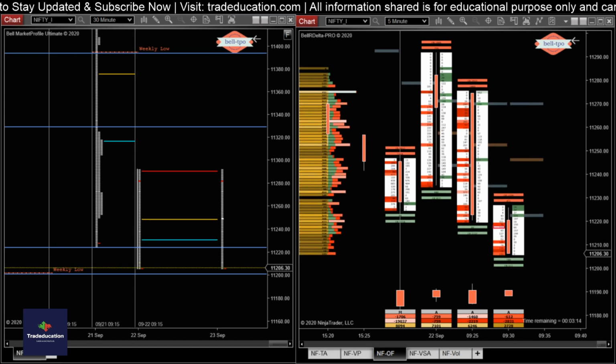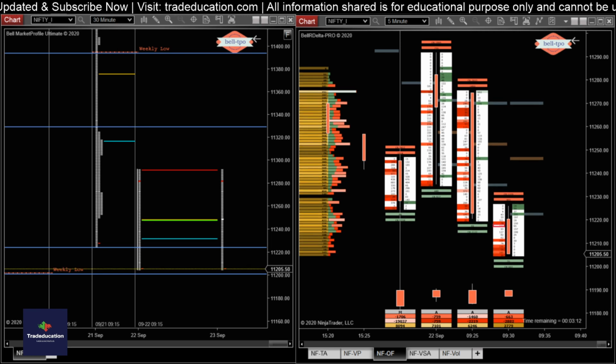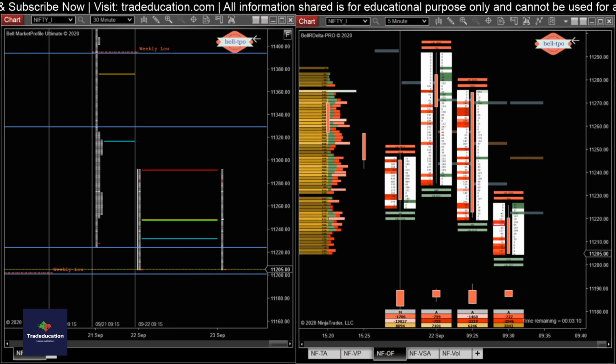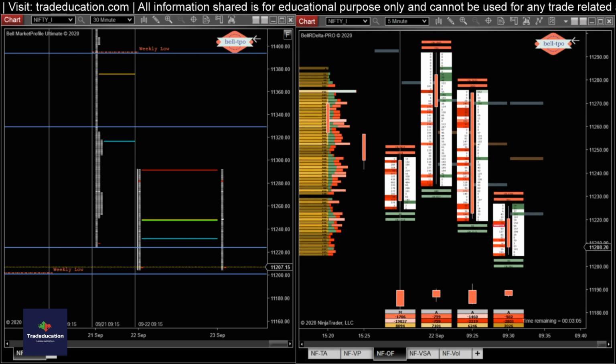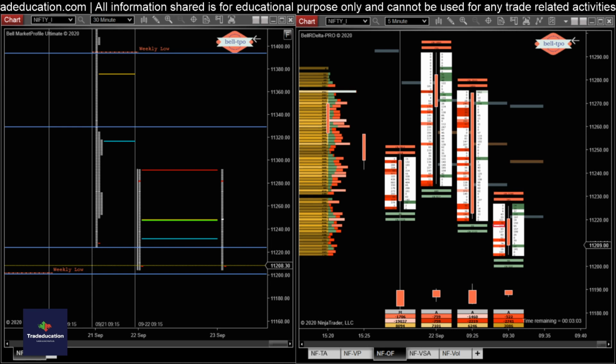So I'm just looking at the auction, not taken any trades, let it fall. So you have to understand who is selling here and who is buying here. Try to analyze that.